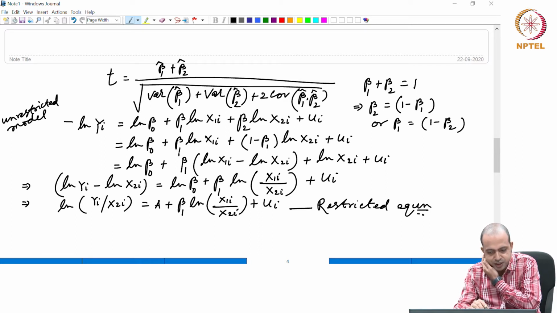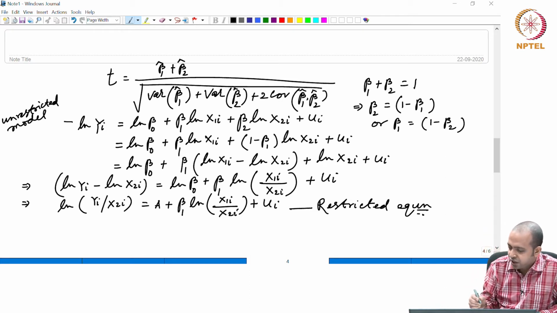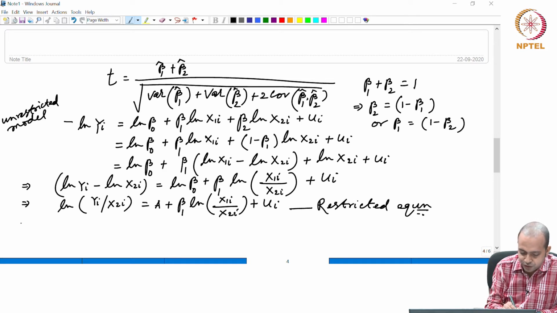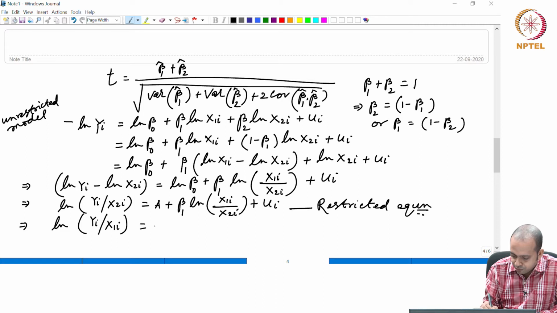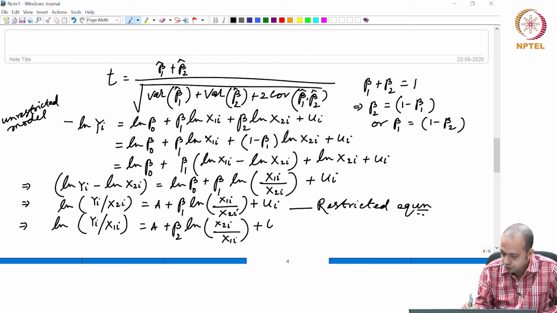Similarly, you can replace the value of beta 1 with 1 minus beta 2, and in that case you will get another version of the restricted equation, which would become log of yi divided by x 1 i equals a plus beta 2 log of x 2 i divided by x 1 i plus ui.